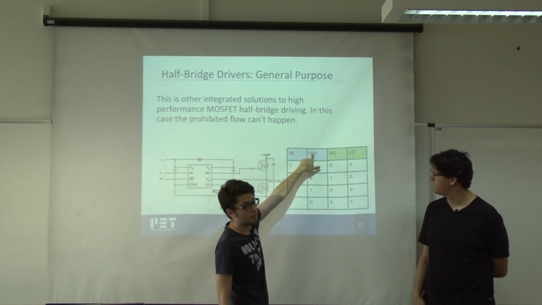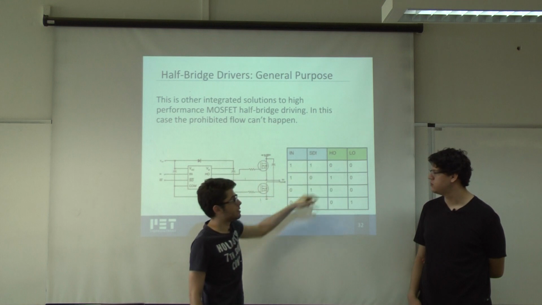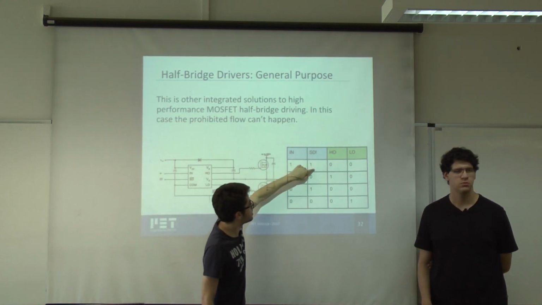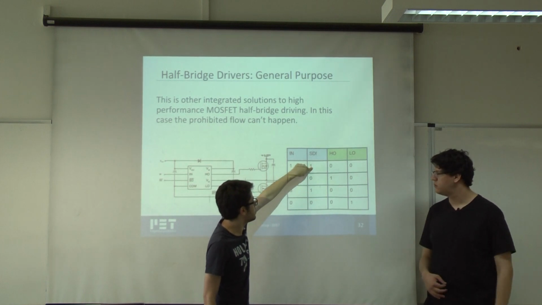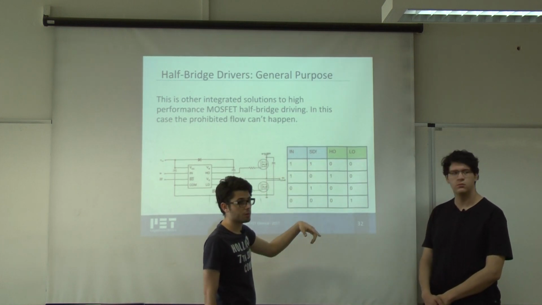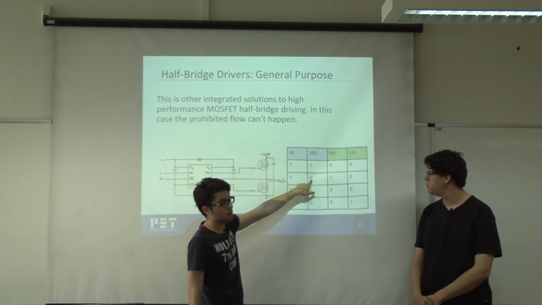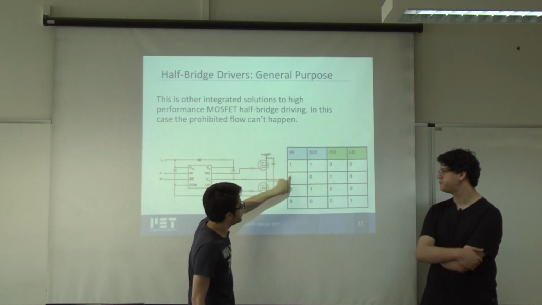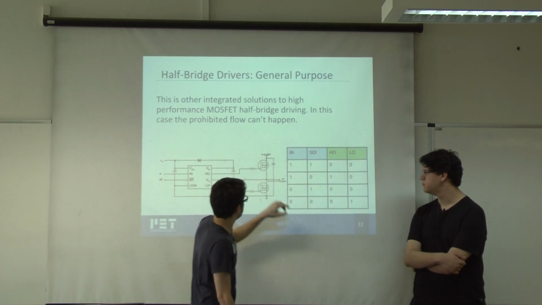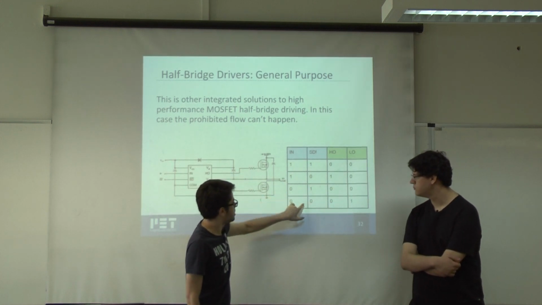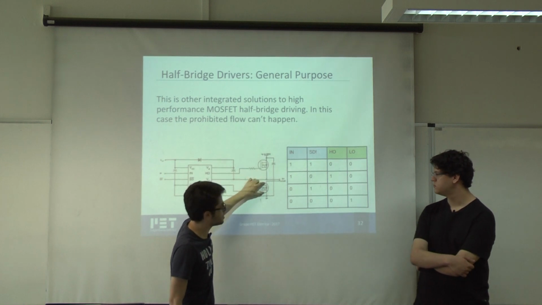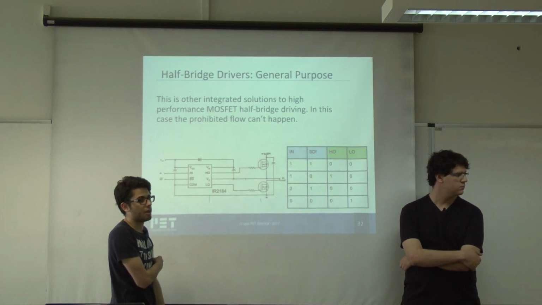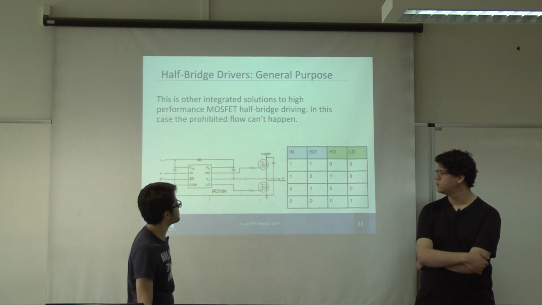But we have this pin that disables the circuit. So if this is set to 1, you will disable the circuit. With the 0, you will enable. So 1 here, this is on, this is off. 0 here, this is off and this is on. You always have one of the permitted sequences.